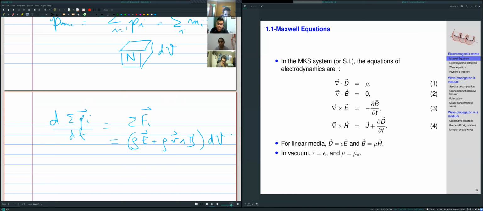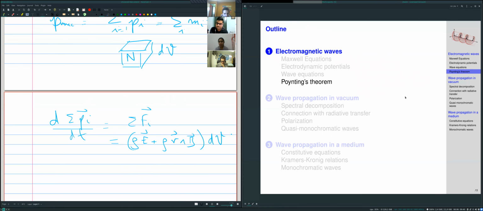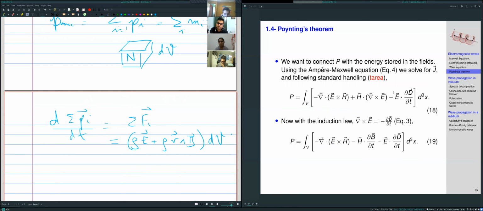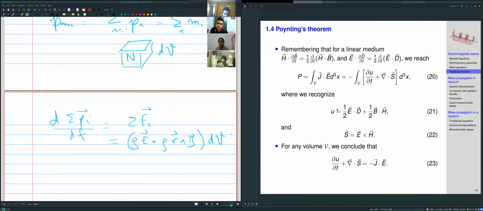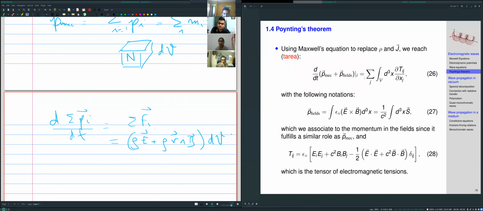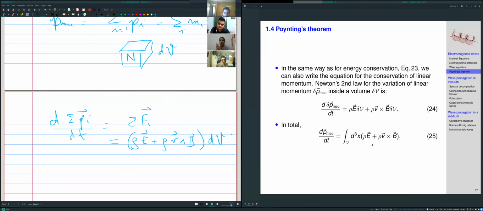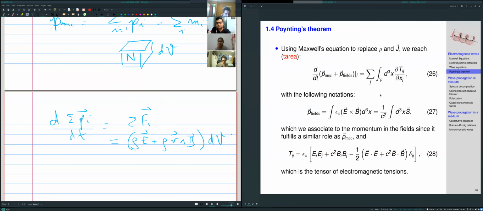So you say J is curl of H minus dt of D, and rho is divergence of D. Okay, so we replace rho and J that way into equation 25. I plug in the Maxwell equations, and I can rewrite equation 25 in this other way.